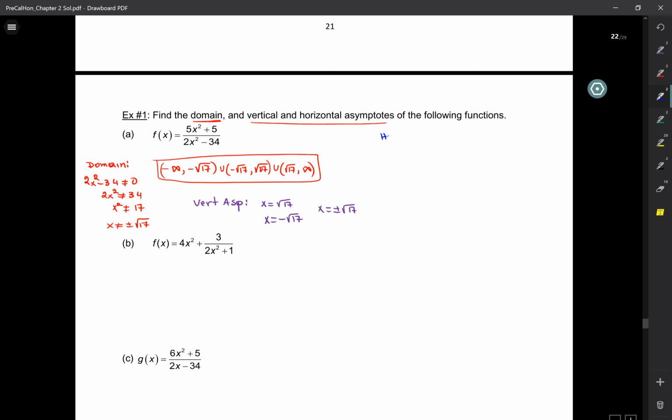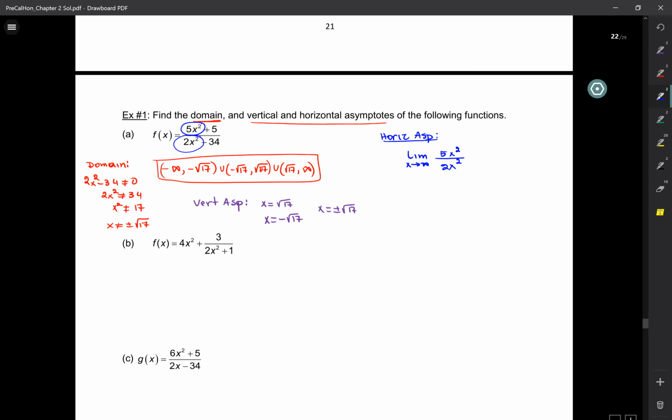All right, what about the horizontal asymptote? Well, in this case, we're going to take the limit as x approaches infinity. And now we're going to take the term with the highest exponent on top, the term with the highest exponent on the bottom. So it's 5x squared over 2x squared.